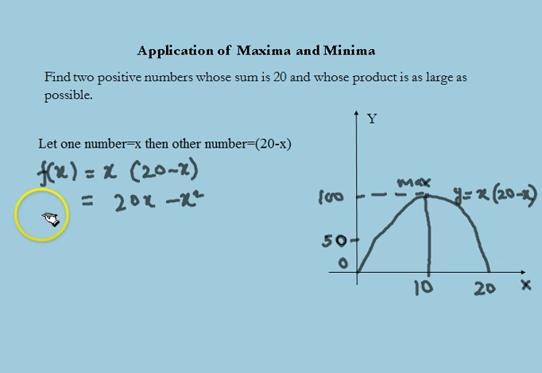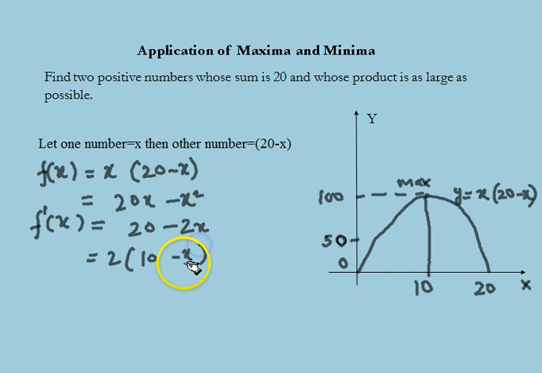The derivative f dash x is equal to 20 minus 2x, which is obtained by differentiating this term with respect to x. This can be further rewritten as 2 into (10 minus x), which is equal to 0 only when x is equal to 10.